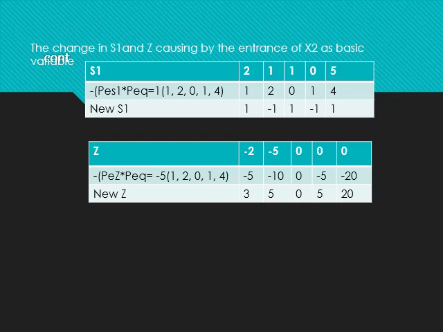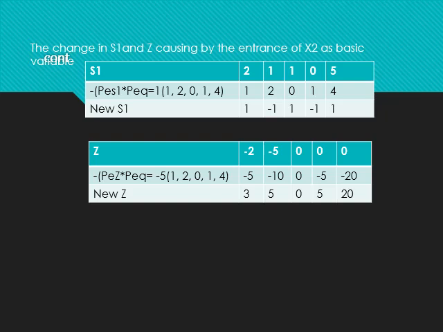So 2 minus 1 is 1, 1 minus 2 is negative 1, 1 minus 0 is 1, 0 minus 1 is negative 1, 5 minus 4 is 1.